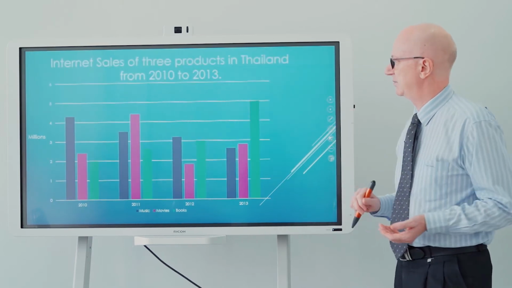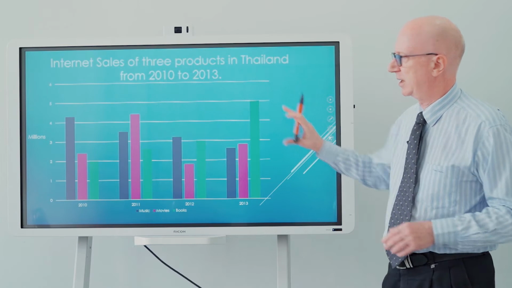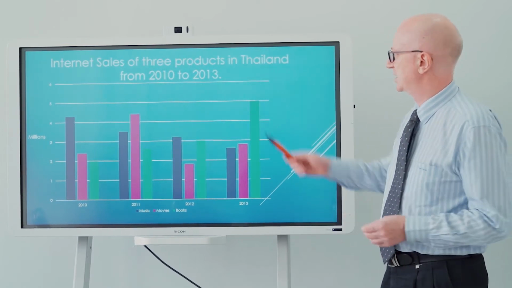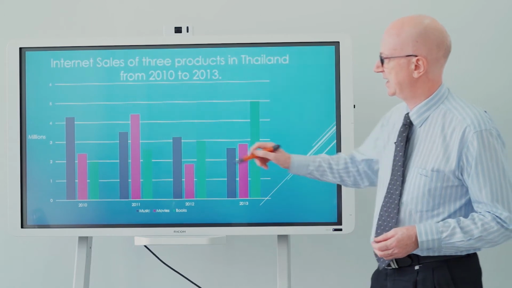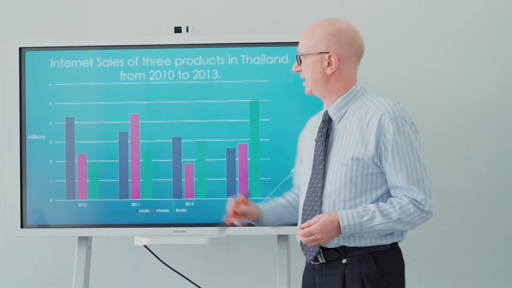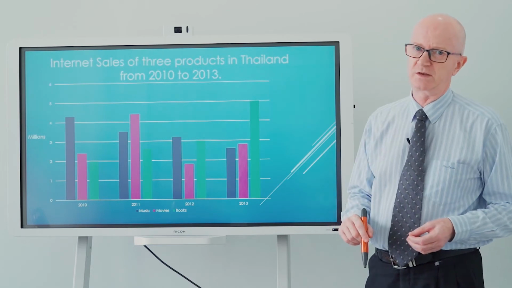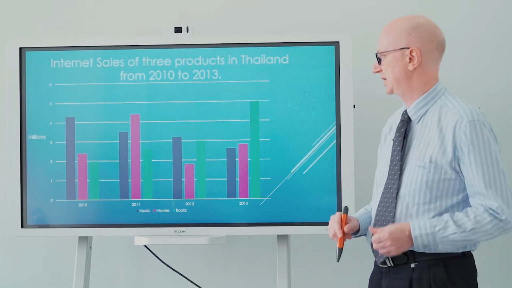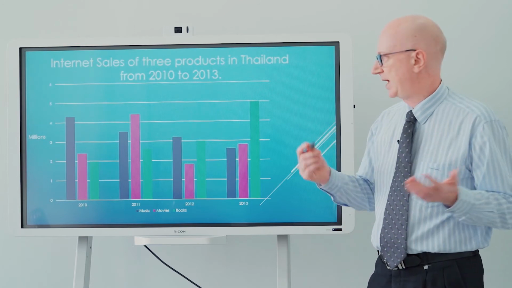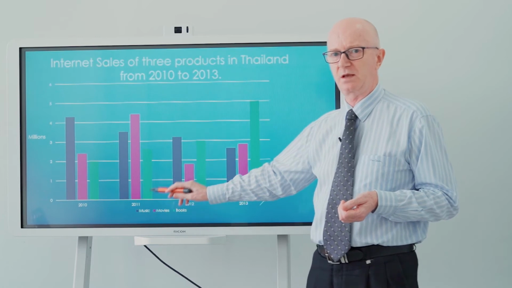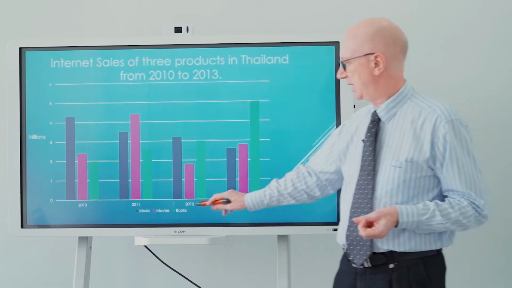Let's look at a bar chart with a typical IELTS Writing Task 1 question. The heading says, internet sales of 3 products in Thailand from 2010 to 2013. Just to recap, we're looking at 3 products represented by music, movies and books.